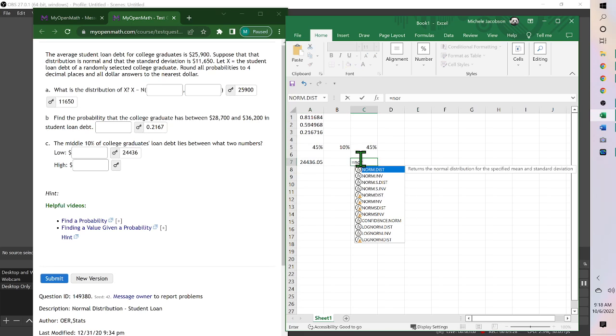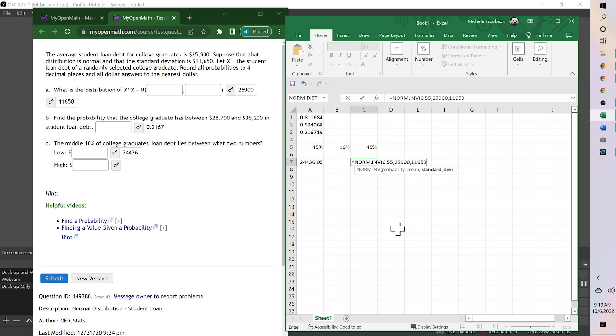Equals norm inverse. Now this time it's 55%. And then the mean 25,900, comma, standard deviation 11,650, and hit enter. And there's your answer.